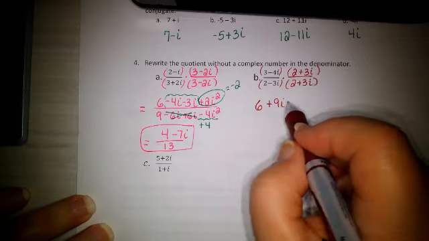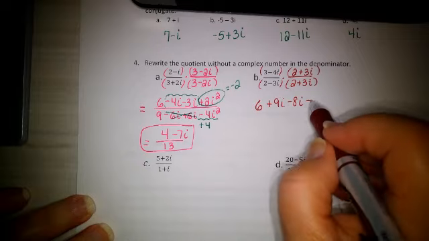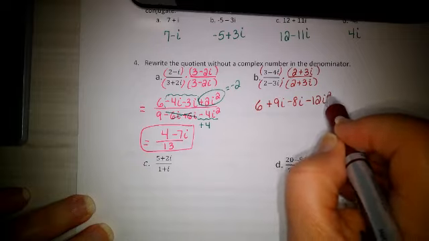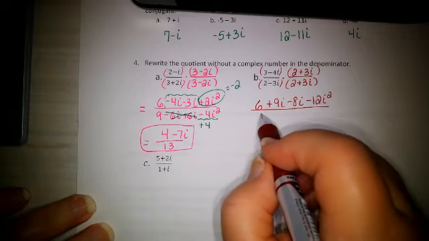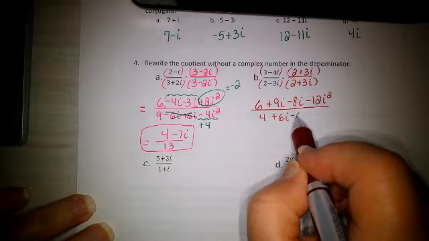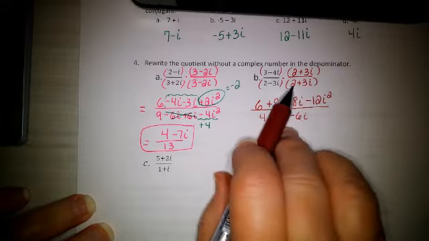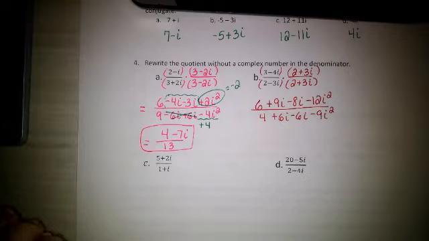Negative 4i times 2, negative 4i times 3i. And my denominator, 4 plus 6i minus 6i minus 9i squared.